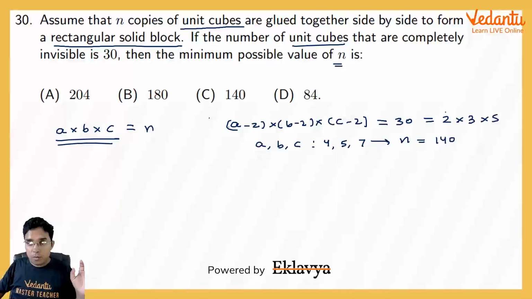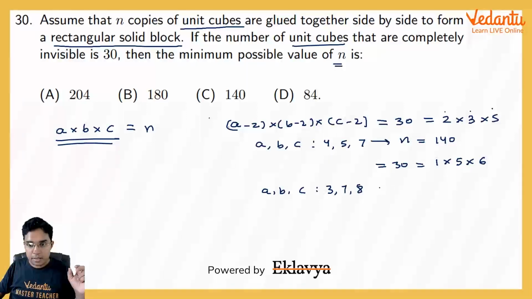Now all prime numbers are taken in different factors, but if I take 30 by combining 2 and 3 as one factor, so 1 into 5 into 6. In this case my A, B, C could be 3, 7 and 8, and you can compare, this 7 was unaffected but 4 and 5 got shifted to 3 and 8.